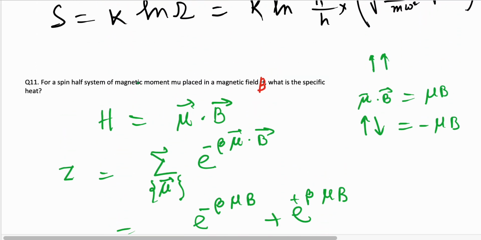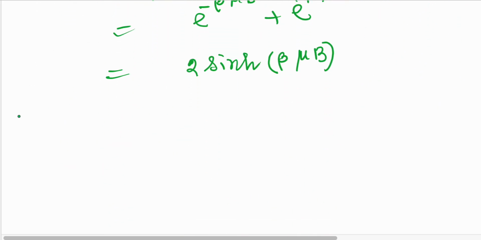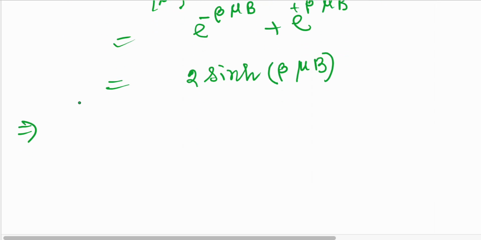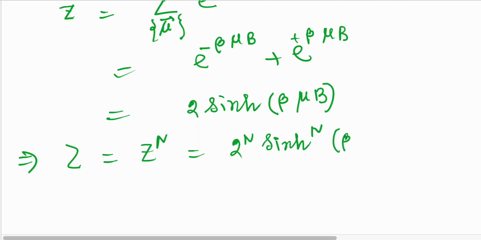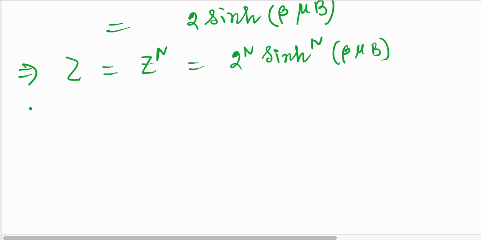Now this is for a single particle. For N particles, the partition function will be Z equal to z to the power N, which is 2 to the power N sinh to the power N of beta mu B. And what will be its average energy?